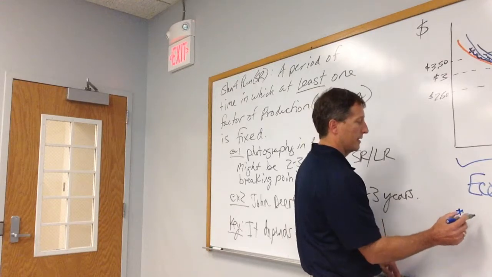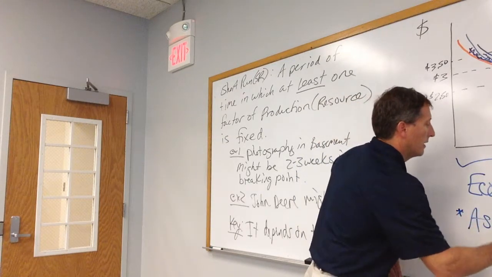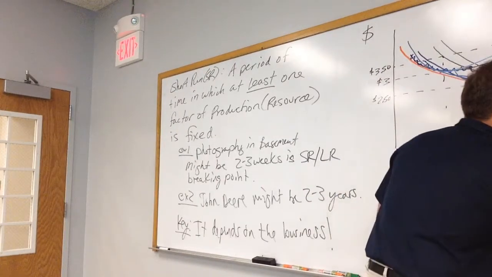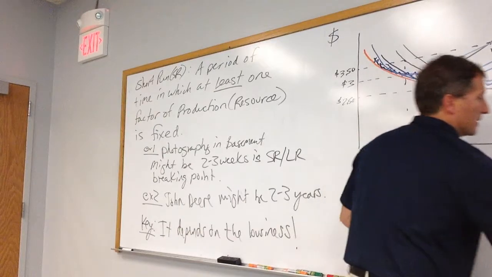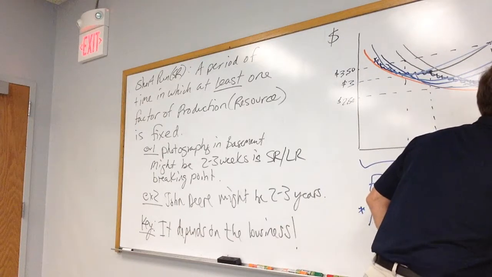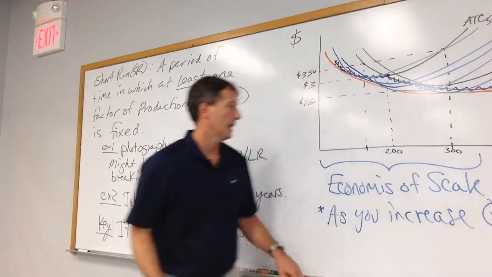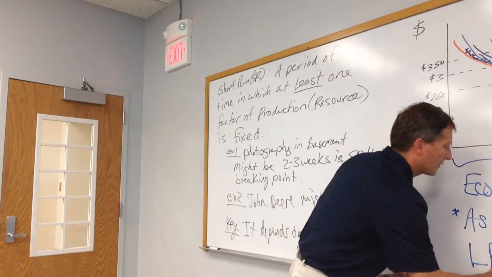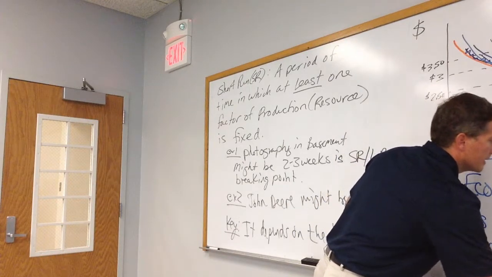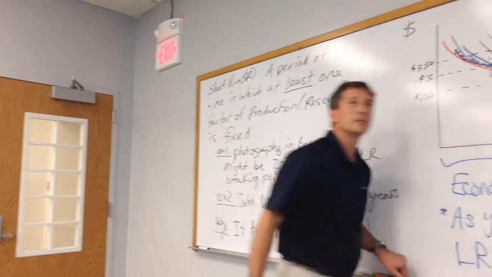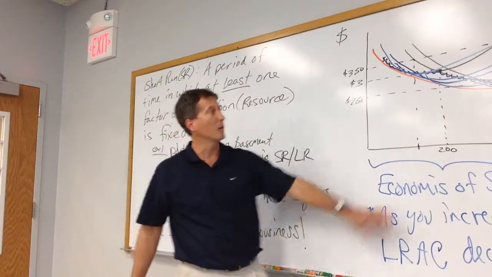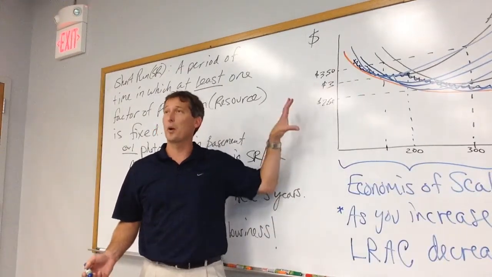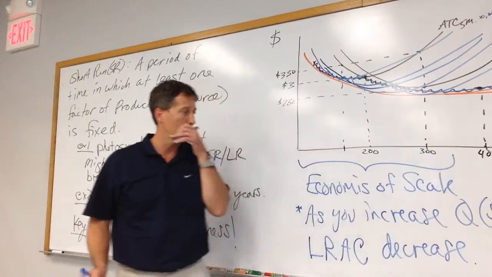Economies of scale is as you increase quantity, that's where the word scale comes in, the scale of production, long run average costs decrease. That makes it kind of attractive. If I can lower my average cost per unit, in theory, I should be able to make more money. It should be more profitable if I'm lowering my average cost.